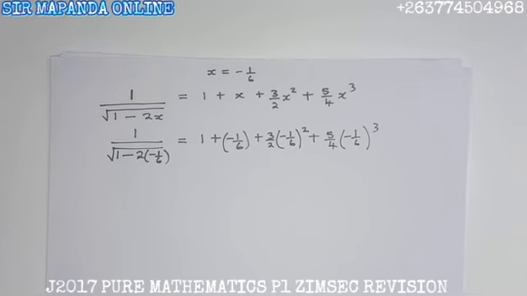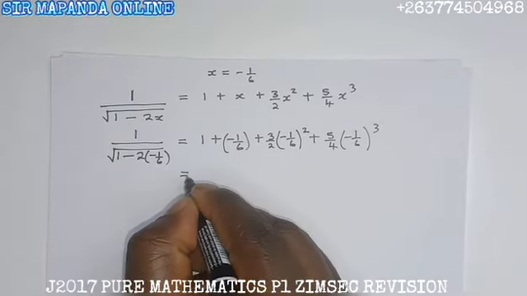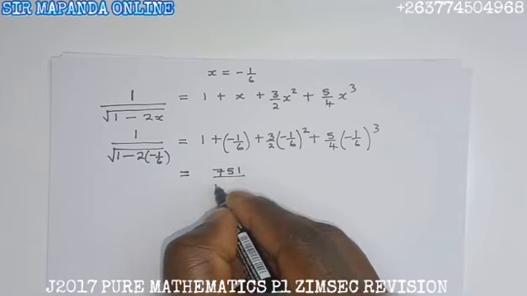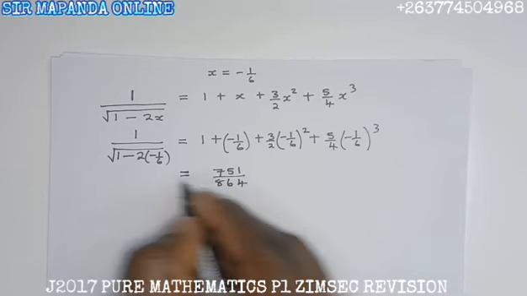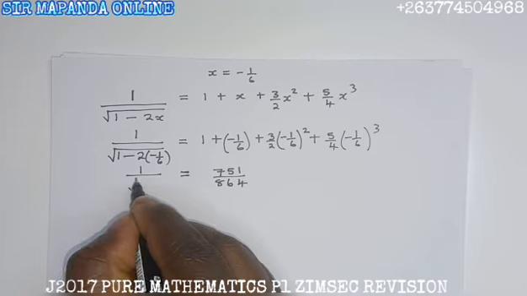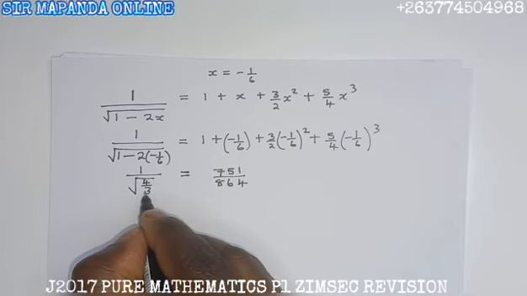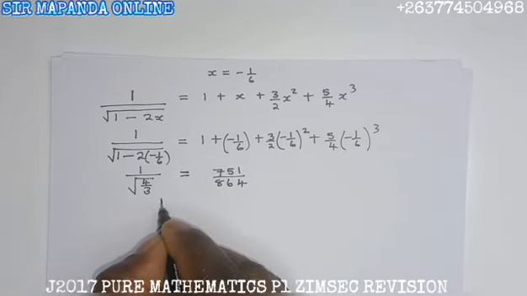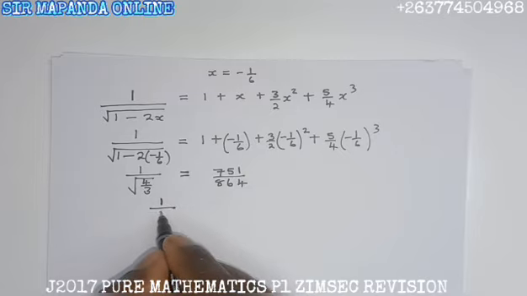So if we punch this in our calculator, the right side gives you 751 over 864. Then on the left side, you get 1 over square root of 4 over 3, if you punch 1 minus 2, open bracket, minus 1 over 6. Since they want you to find root 3, you simply make root 3 the subject of the formula. So here you get 1 divided by square root of 4, which is 2, and square root of 3 is root 3.